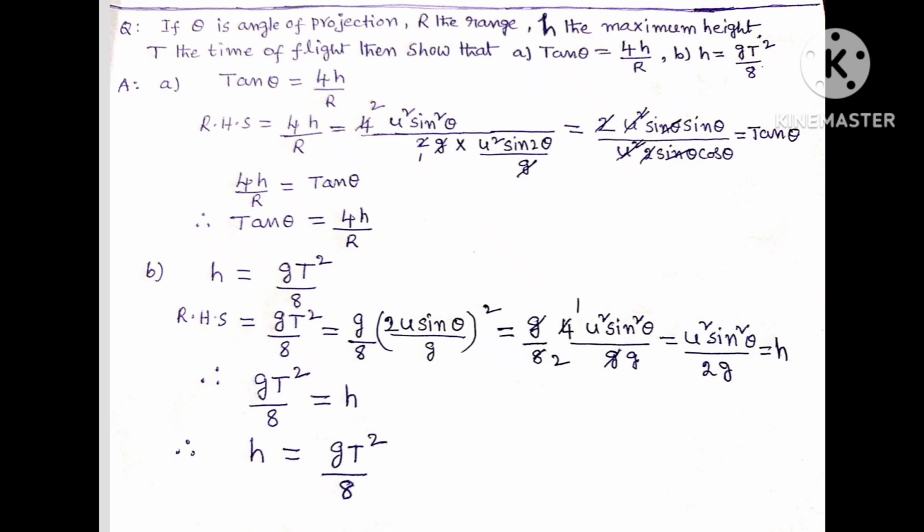To prove tan theta is equal to 4H by R, first we take RHS, that is 4H by R, equal to 4 into u square sin square theta by 2g, divided by u square sin 2 theta by g.